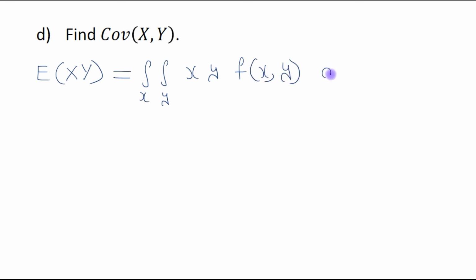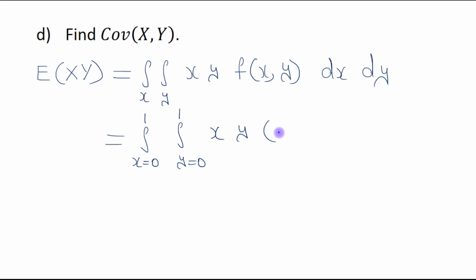Next part, find covariance between x and y. So first we will find expected value of xy, which will be calculated as, okay, and f xy is x plus y.